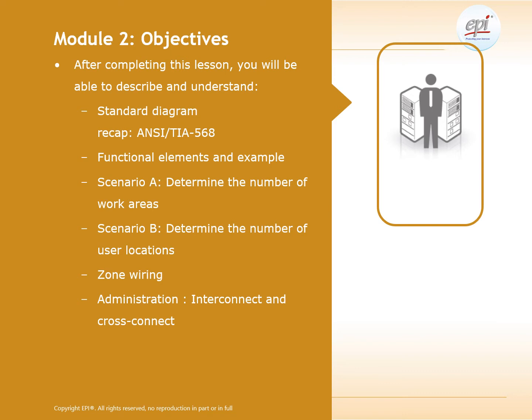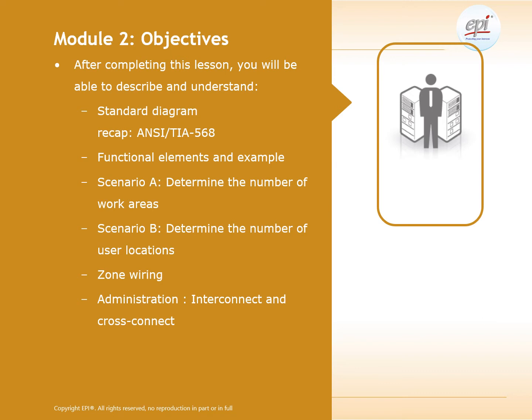When we design the cabling layouts for a commercial building, we can do it either by counting the number of work areas, meaning we divide the floor plan into small unit areas and put in a certain number of cables per unit area, or we count the well-defined or already defined user locations. So we count 1, 2, 3, 4, and put in exactly as many cables as there are user locations.